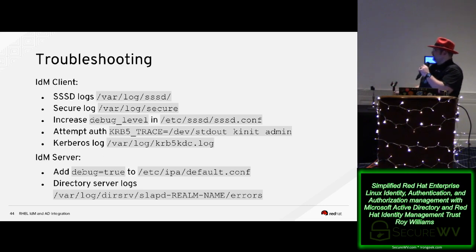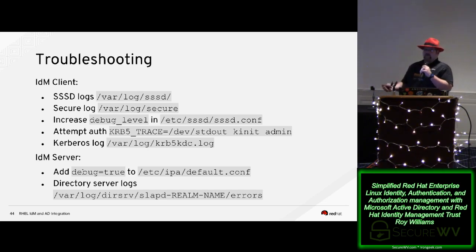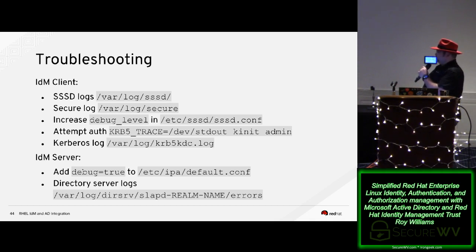On the server side, we can enable debug with debug=true in /etc/ipa/default.conf. Of course, this is going to really kick up your log level on a lot of things, so I wouldn't recommend leaving that on for very long. And we have our directory server logs at /var/log/dirsrv/slapd-, the name of the realm, and then the errors log.